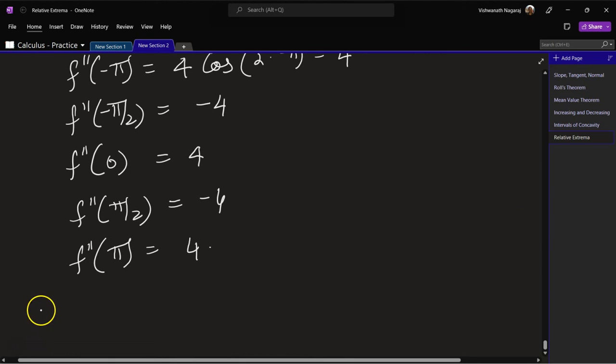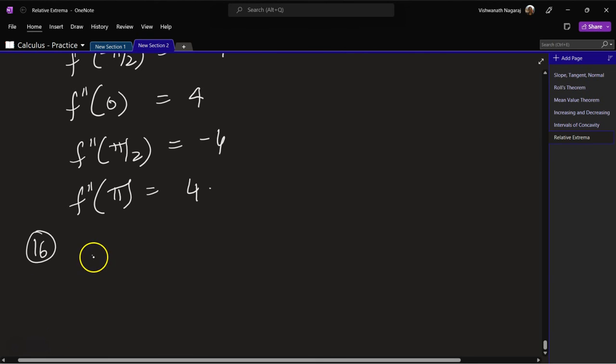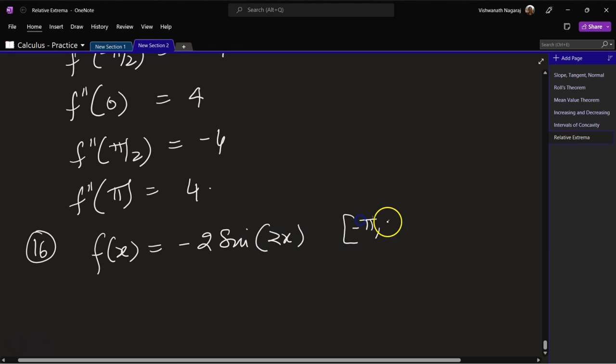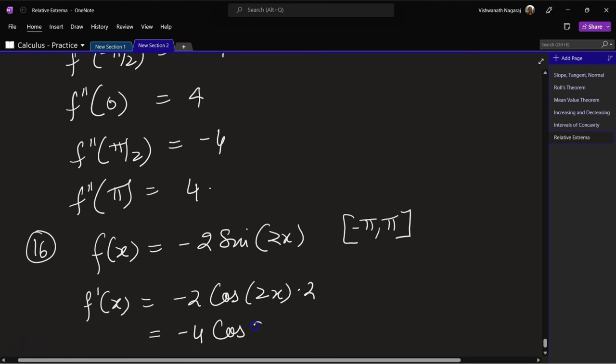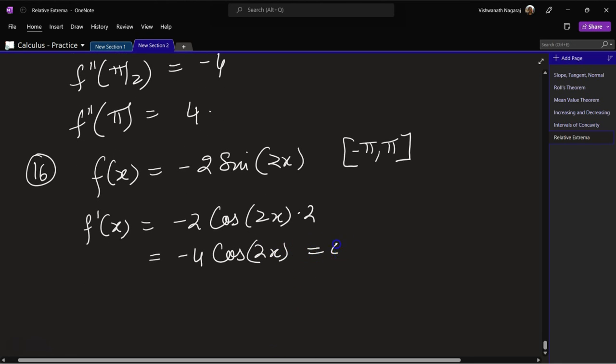Now let's look at the 16th one. Now f of x is equal to minus 2 sine 2x. Again from minus pi to pi. Now f prime of x is going to be minus 2 cos 2x times 2, which is going to be minus 4 cos 2x. Right? Now equating it to 0, we get cos 2x equal to 0.